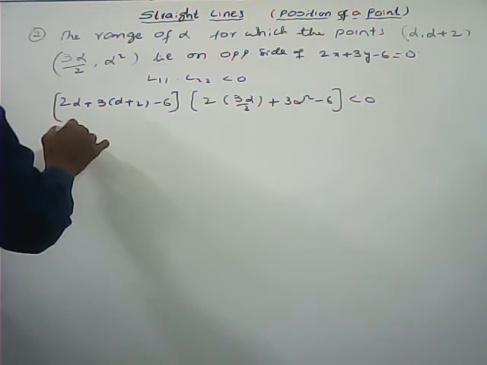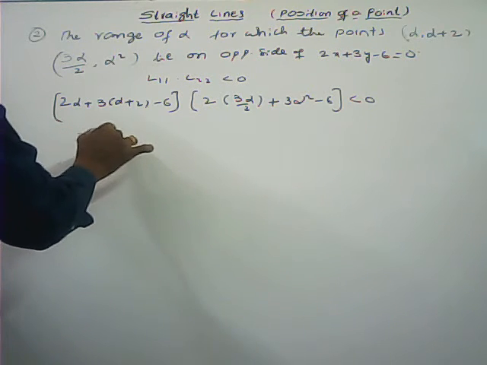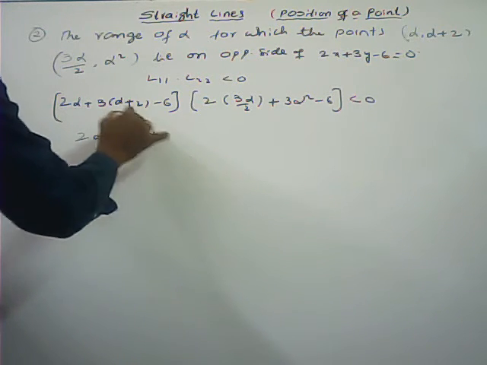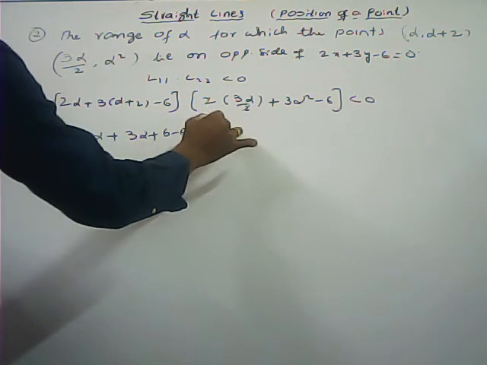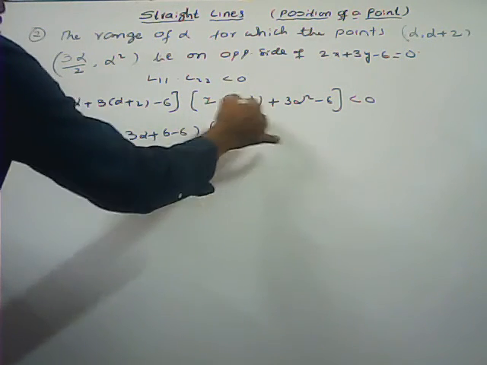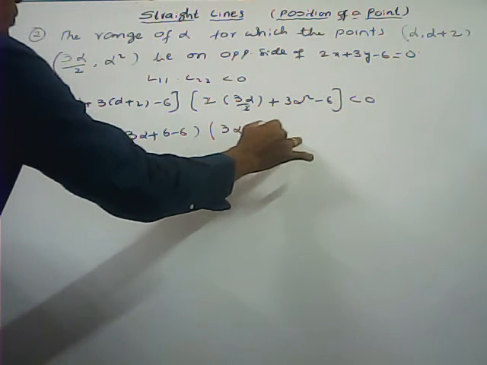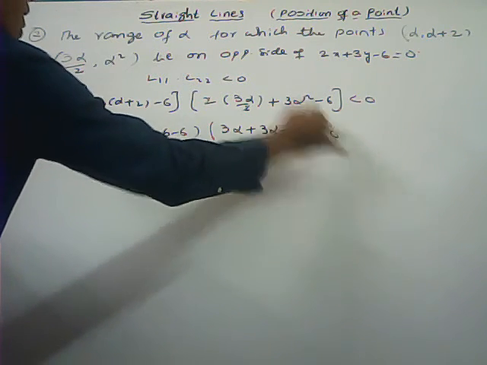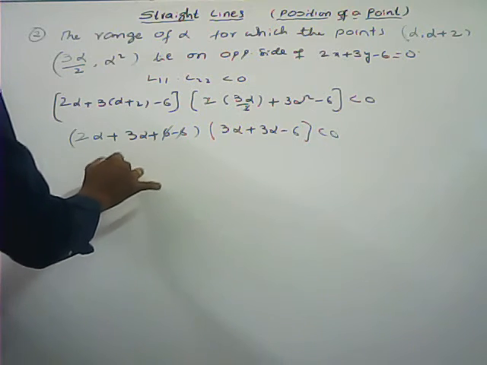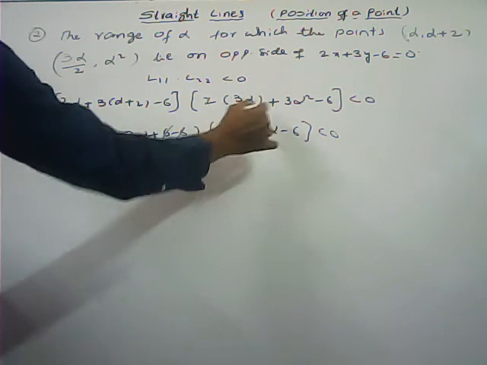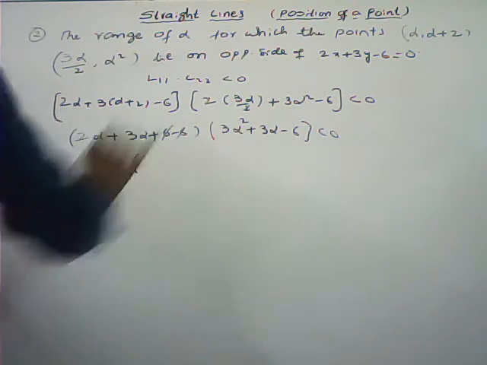Now simplify this one. 2 alpha plus 3 alpha plus 6 minus 6, into, here 2 gets cancelled. Here this is 3 alpha square plus 3 alpha minus 6 less than 0. Here these 2 get cancelled. This is 5 alpha into 3 alpha square plus 3 alpha minus 6.